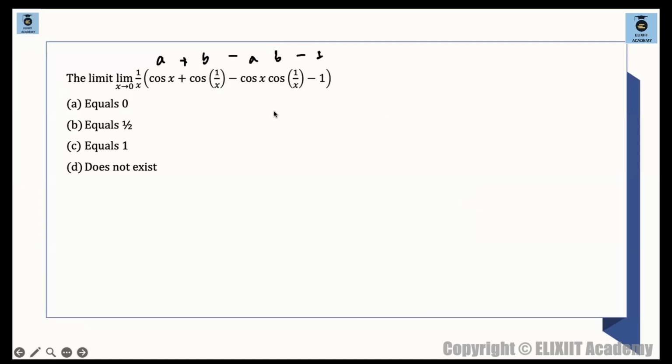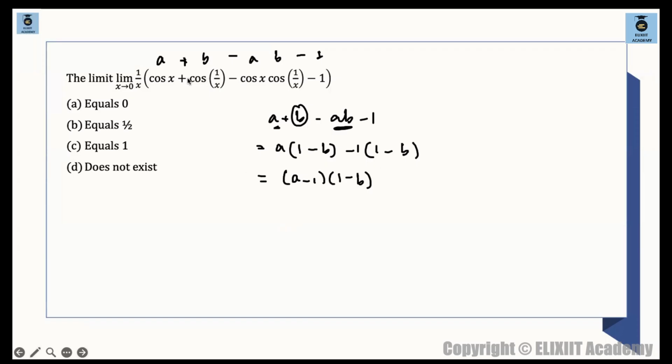So factorize this: A plus B minus AB minus 1. How do you factorize this? Very simple. From the first two terms, you take out A common, so we get 1 minus B. From the other two terms, B minus 1, you take out minus 1 common, so we again get 1 minus B. So it is (A minus 1) times (1 minus B).